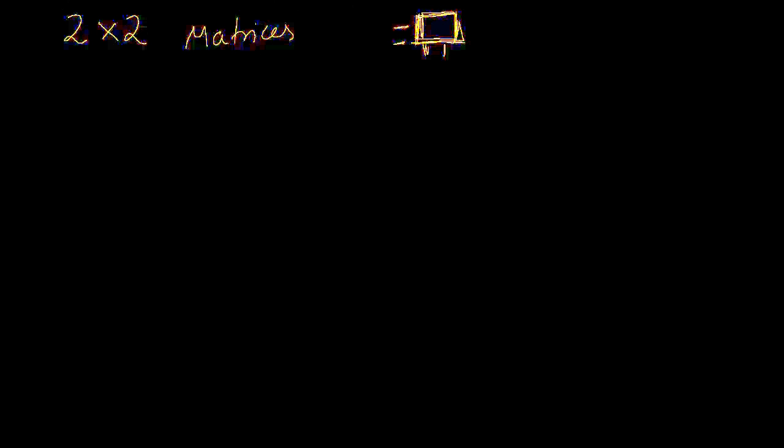The first thing that we have to know is the determinant of a 2 by 2 matrix. The determinant is a special number with which we can do other things. We can solve systems of linear equations and things like that.